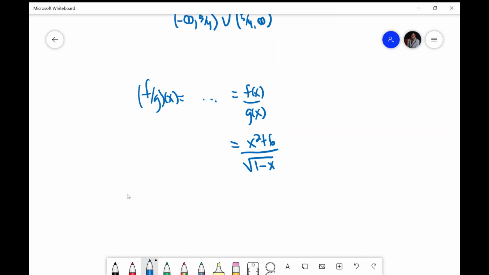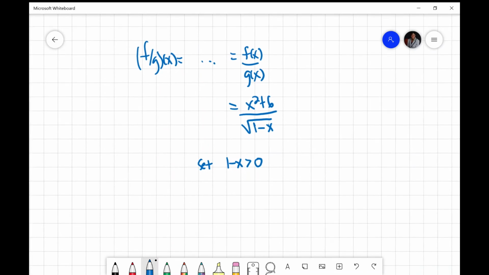But we also don't want numbers under the radical to be negative, because we're not in the imaginary number system right now. We're in the real number system. So in this case, since it's a radical and in the denominator, we'll set what's under the radical, 1 minus x, greater than 0, not greater than or equal to 0, because it's in the denominator.